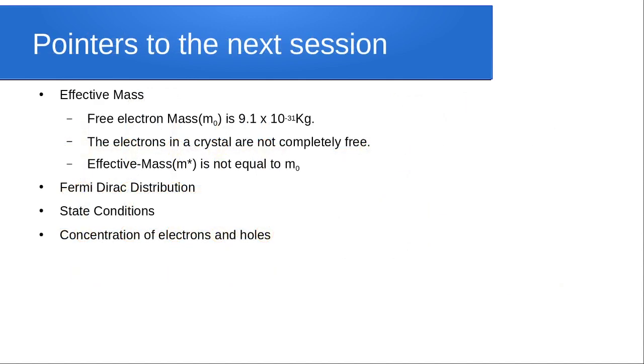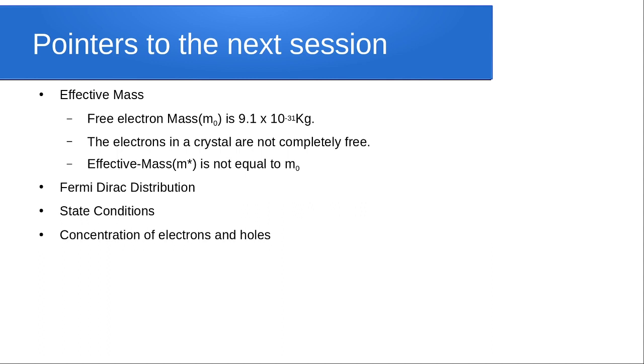Let's see what is in store for us in the coming videos. This is a pointer to the next sessions. We will see some more fundamental ideas of the energy band through understanding the concept of effective mass.